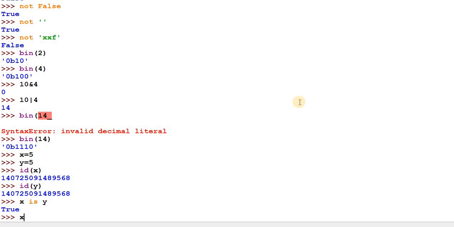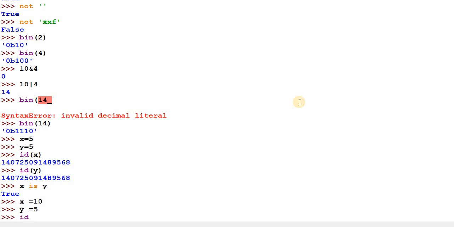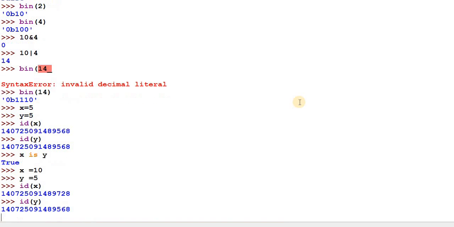Now suppose x equals 10 and y equals 5. Now you will get the locations: x is pointing at this location and id of y is pointing at that location. So now both variables are pointing to different locations.